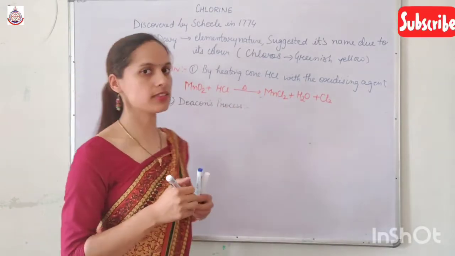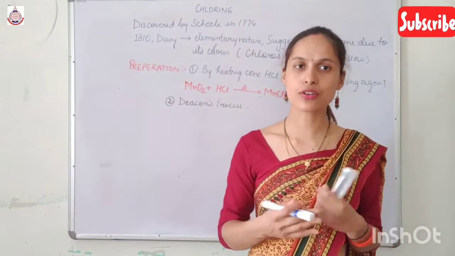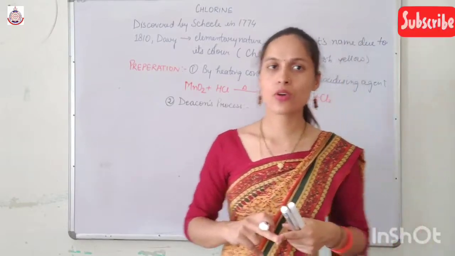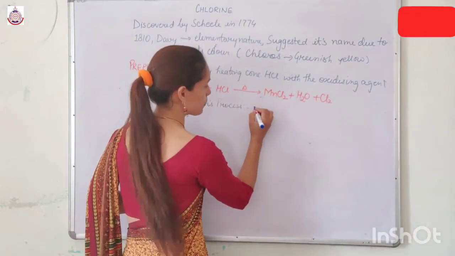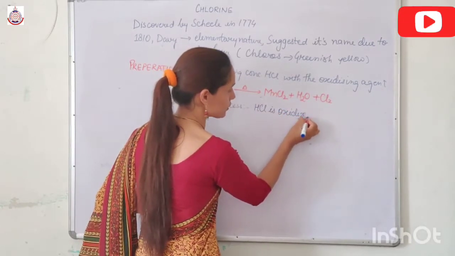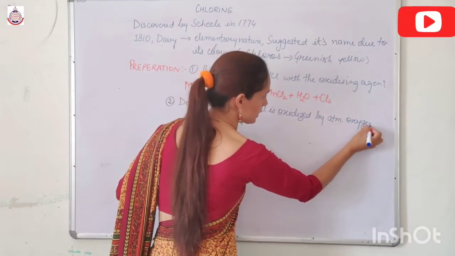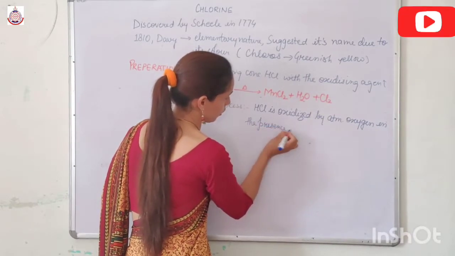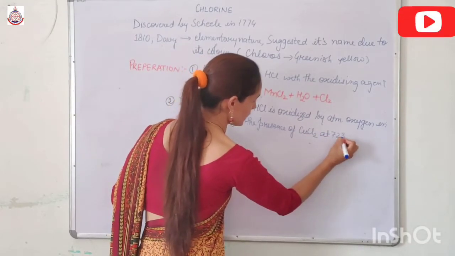In Deacon's process, HCl, that is hydrochloric acid, is oxidized by atmospheric oxygen in the presence of CuCl2 at 723 Kelvin.